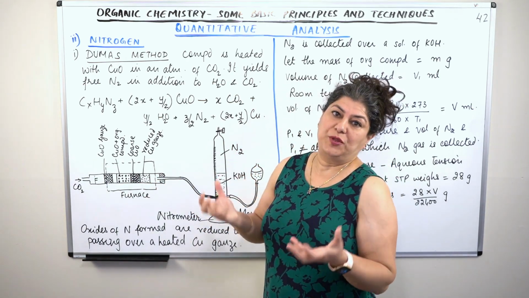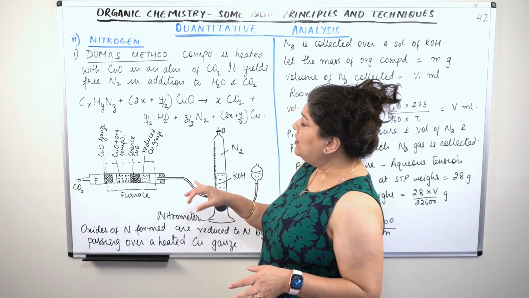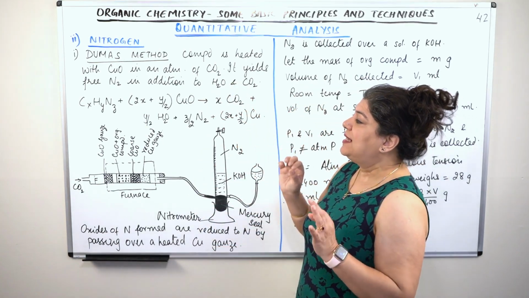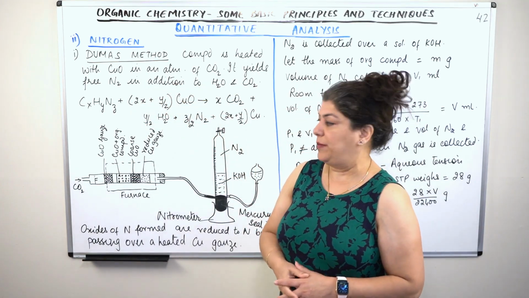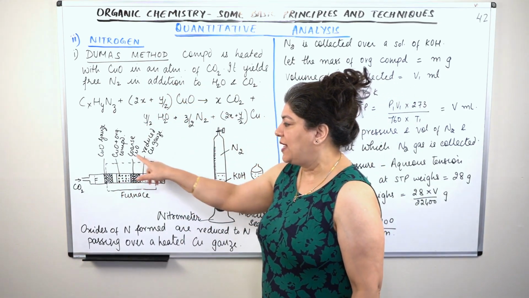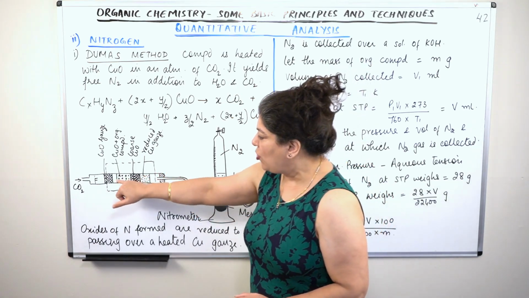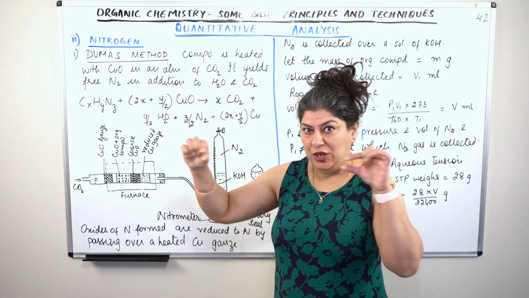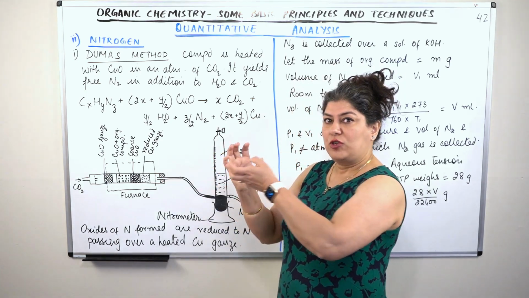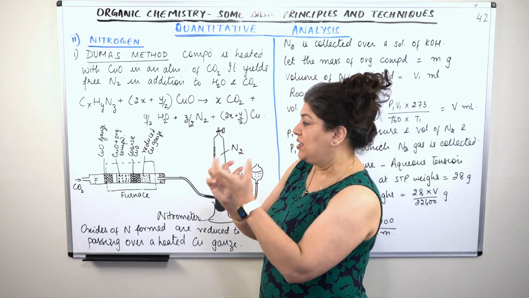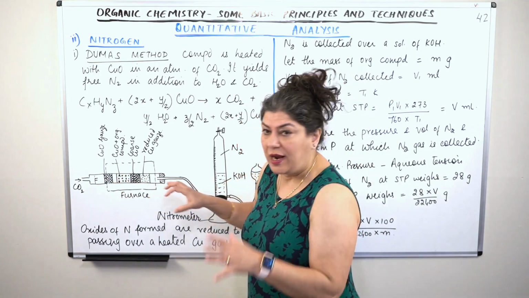So in the Dumas method, the compound is heated with copper oxide in an atmosphere of carbon dioxide. Copper oxide is present in the ignition tube, and the compound is also present, and carbon dioxide passes through it and we heat it.